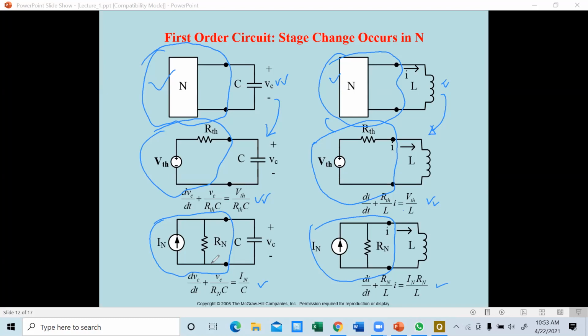Once these equations are available with us, can you tell me whether mathematically these four equations are different? Sir, they are similar. They are similar, exactly. You can put these equations into a general form, something like dy/dt plus, for example, ay equal to bx.